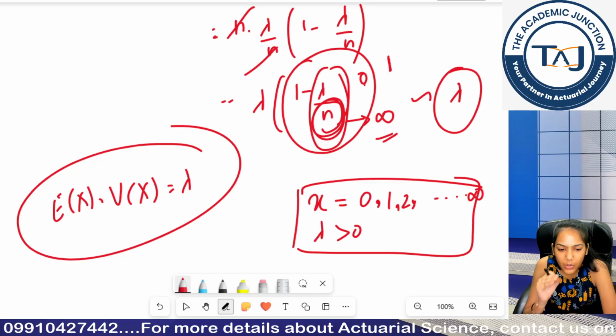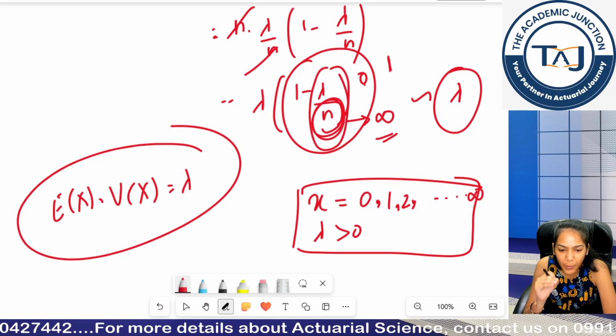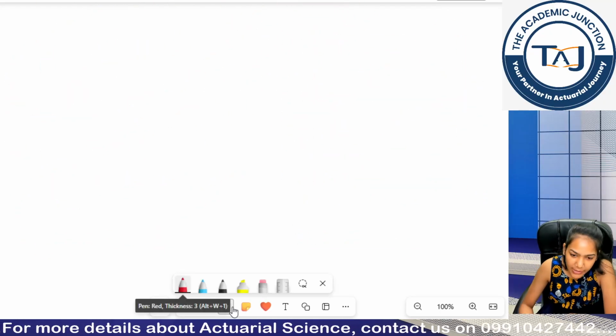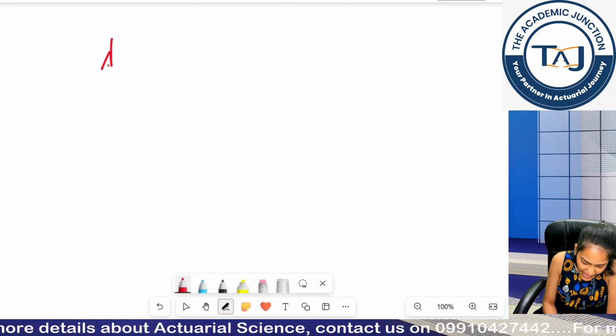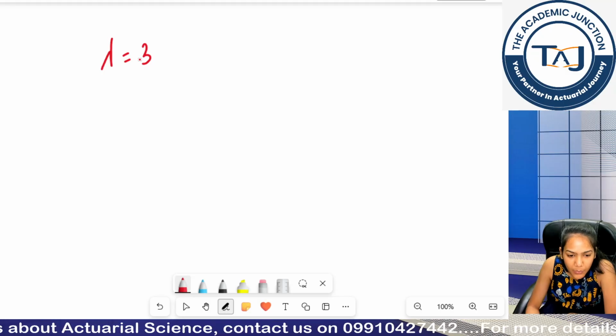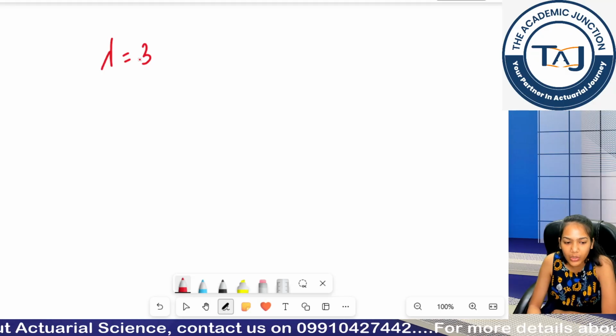If goals are scored randomly in a game of football at a constant rate of 3 per match, I have been given a constant rate of 3 per match, so my lambda is basically 3. Calculate the probability that more than 5 goals are scored in a match.